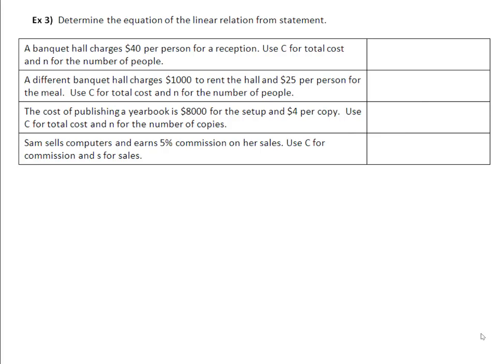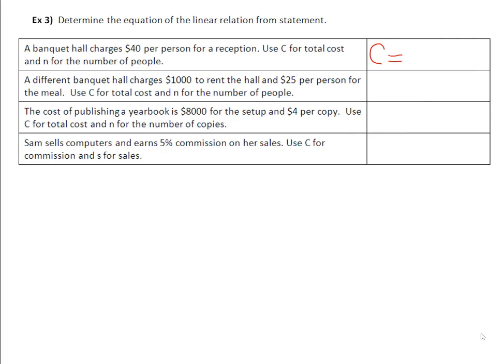What depends on what? Does the number of people depend on cost, or does cost depend on the number of people? Well, cost actually depends on the number of people, so C equals. C is our dependent variable because the cost is going to change depending on how many people show up.